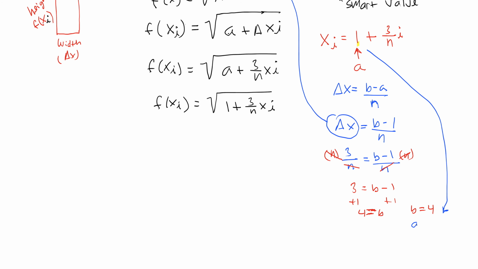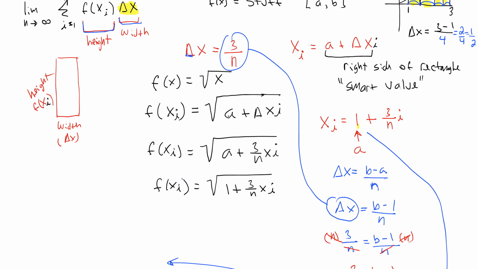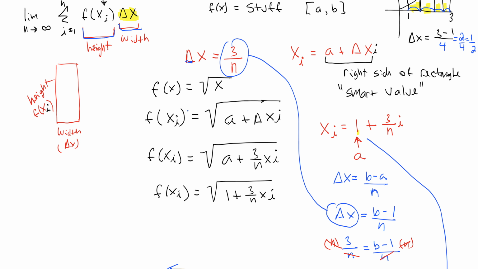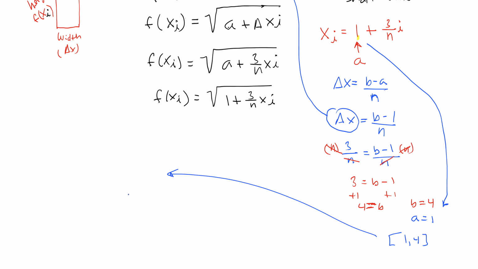So B is equal to 4, and A is equal to 1. Therefore, we're going from 1 to 4. All right. And we have our equation. Our equation is f of x, right here, equals the square root of x. So you just want your most basic equation, f of x equals the square root of x. And the interval is from 1 to 4.